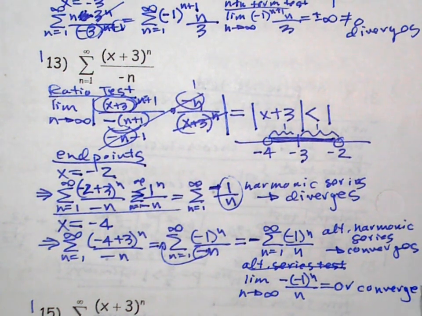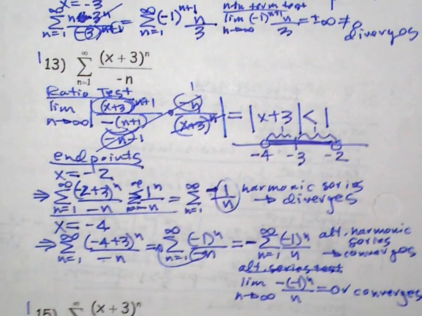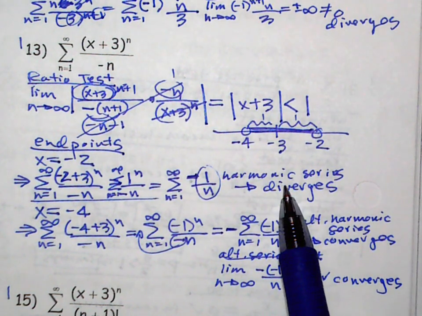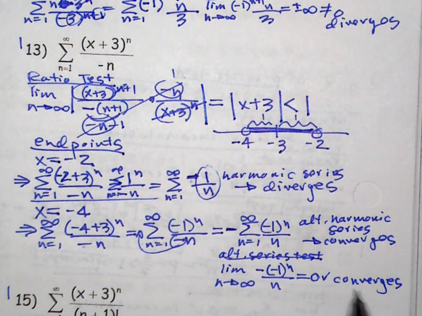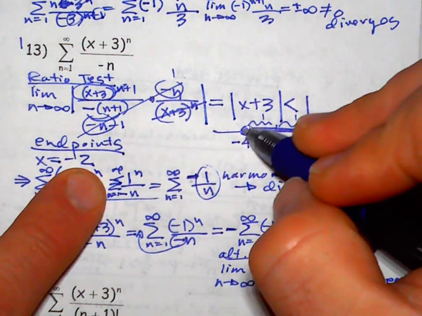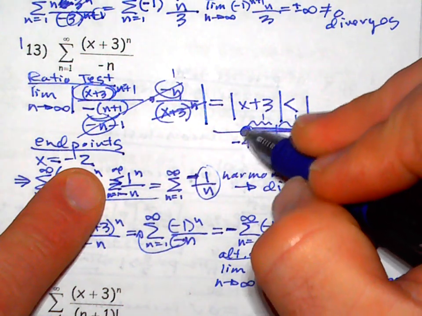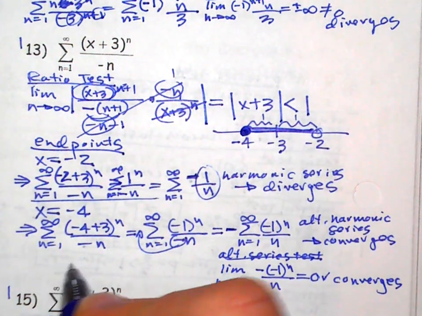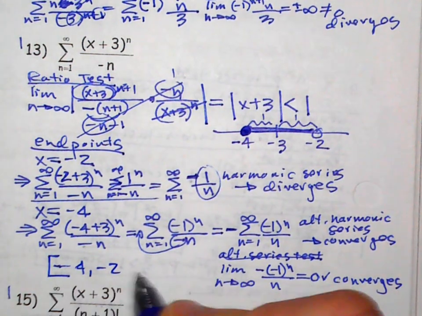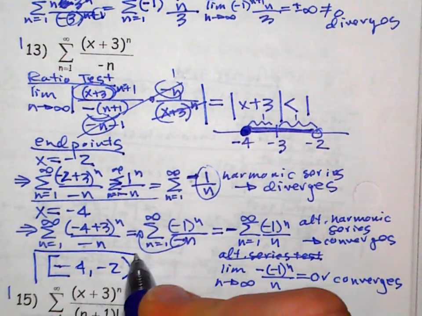So I showed you guys that kind of back and forth motion of the partial sums with the alternating series. So however you want to do it. So it diverges for one endpoint and converges for the other. So negative 2 is going to stay open, but negative 4 is going to be closed. And your answer is negative 4 to negative 2, bracket on the negative 4, parenthesis on the negative 2.